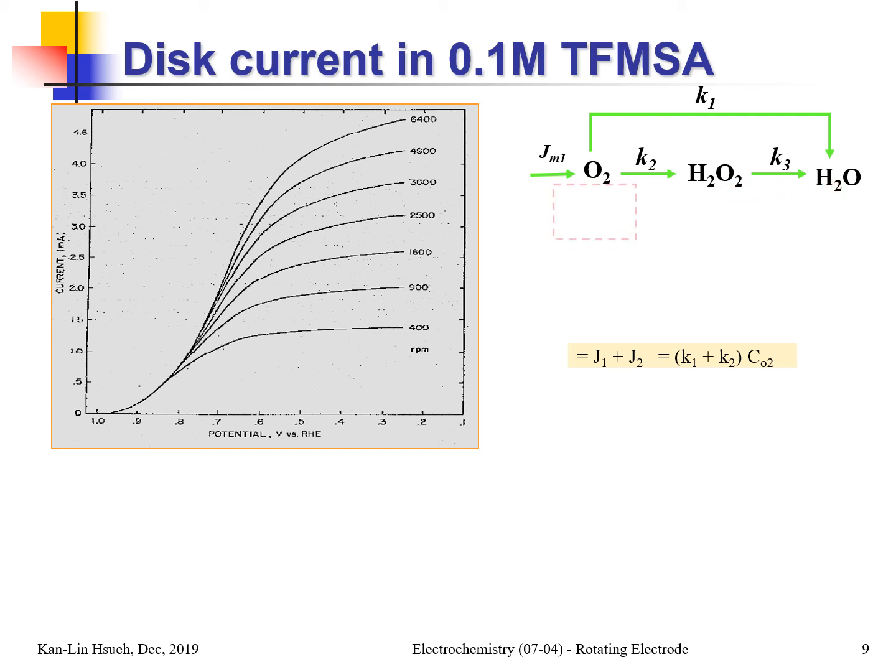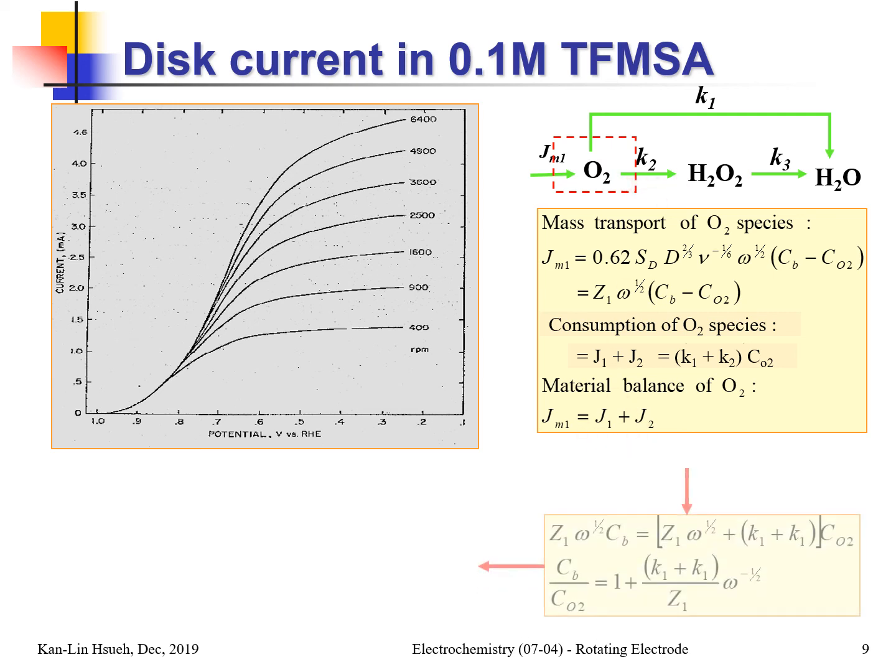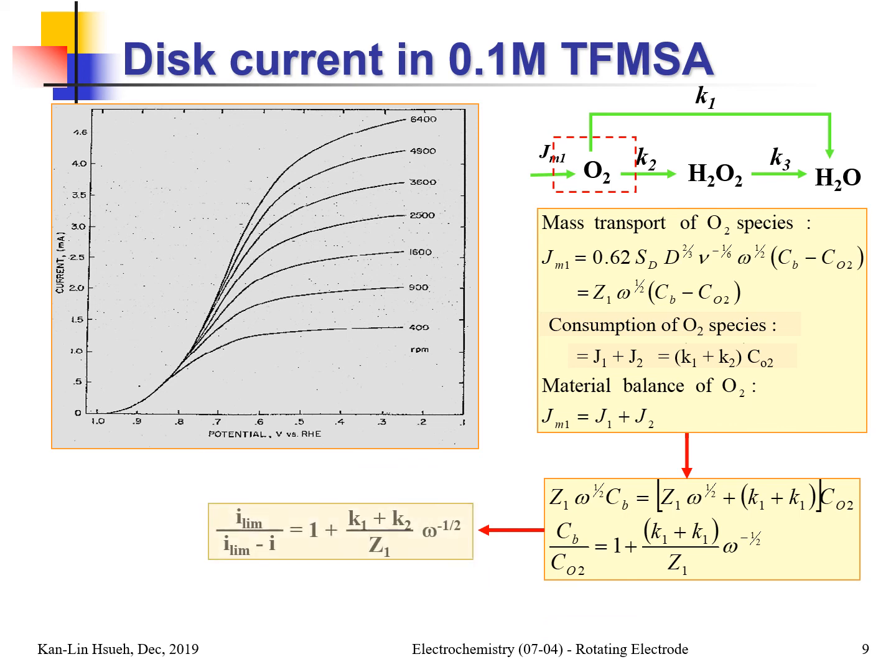If we make a material balance around the oxygen, the mass transfer of all species coming in is controlled by the electrode rotating speed, and the consumption of species by electrochemical reaction is K1 and K2. So the material balance: the supply is JM1 and the consumption is J1 and J2. If we substitute those into the equation, we end up with the final typical equation.